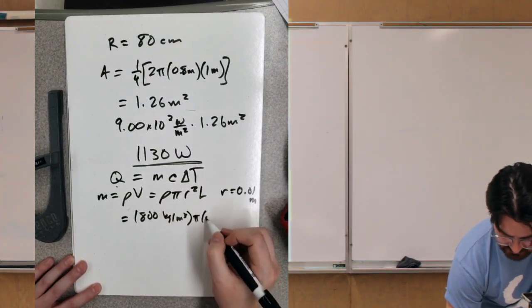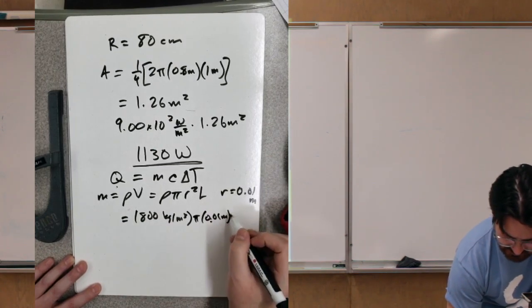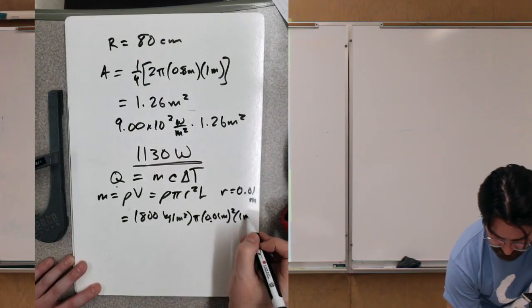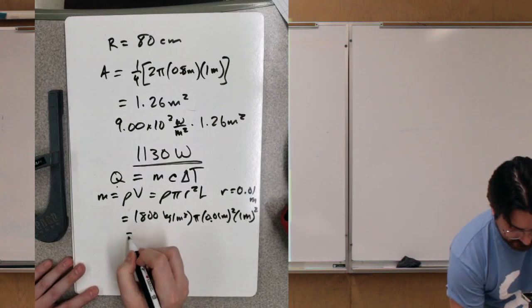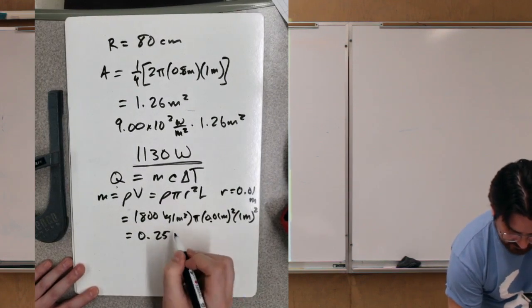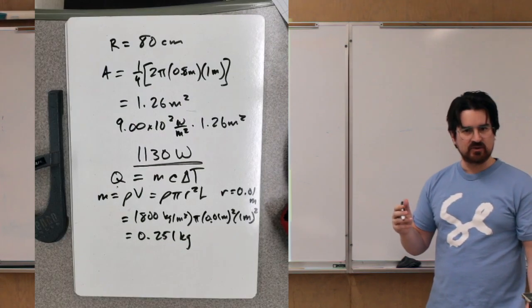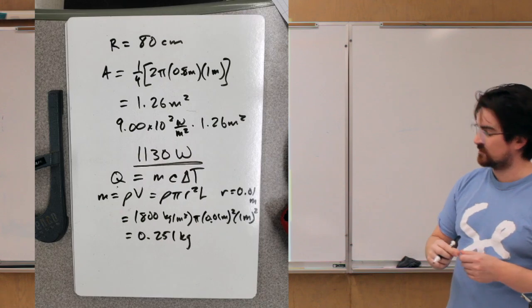Got pi, 0.01 meters squared, and the length we're talking about here is the 1 meter. Put all that together, it's 0.251 kilograms of mineral oil in 1 meter of this pipe.